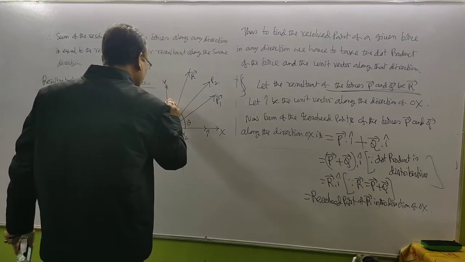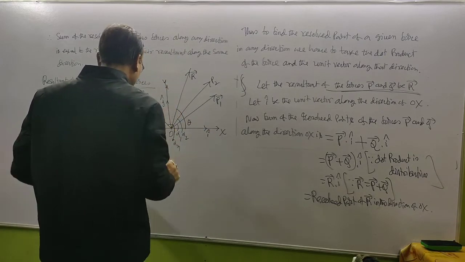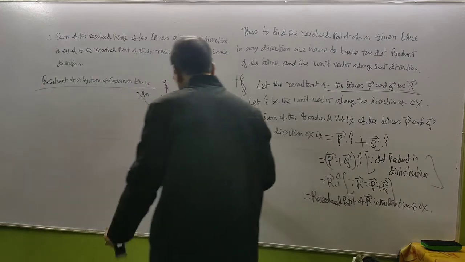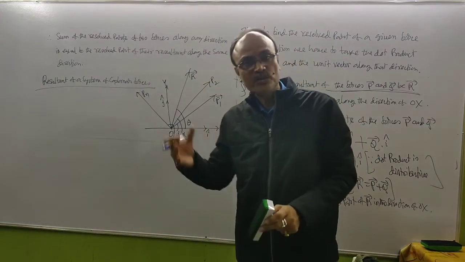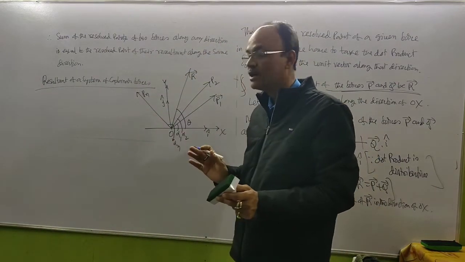Suppose i cap and j cap are unit vectors along the directions of OX and OY.